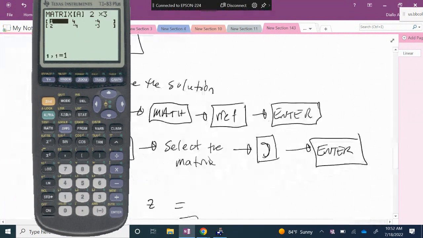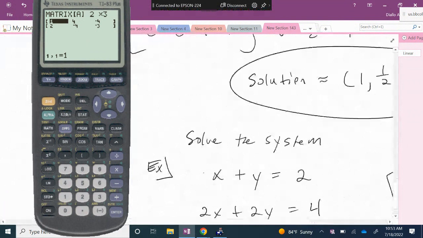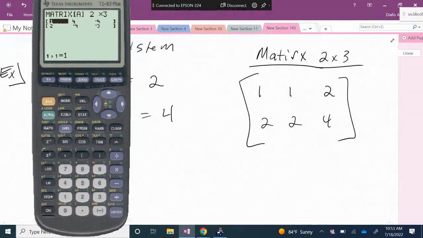And I'm going to put in the coefficients. 1, 1, 2, 2, 2, and 4.